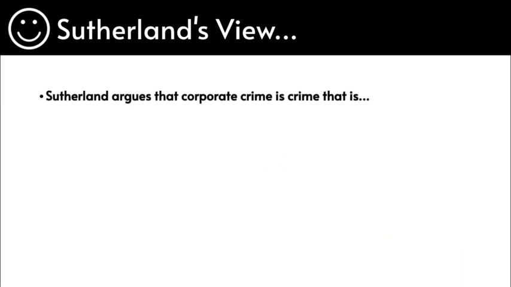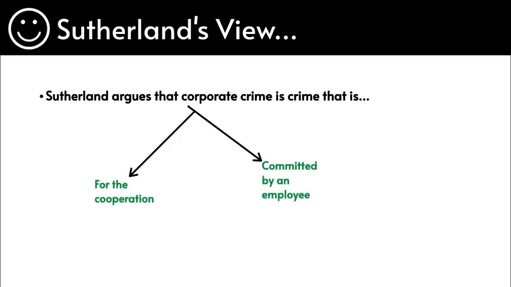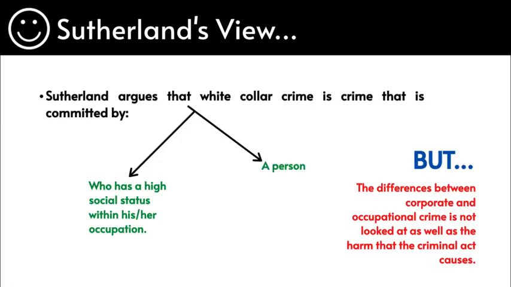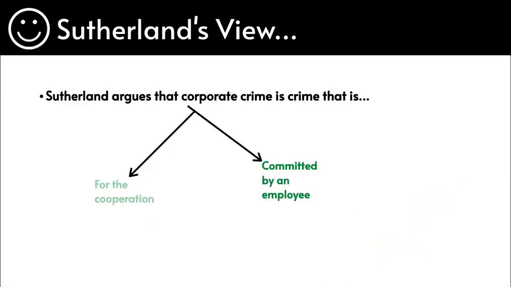Sutherland argues that corporate crime is crime that is committed by an employee for the corporation, whilst the other type of crime which we looked at before, which was white collar crime, was committed by a person of high social status and was not committed for the corporation, it was for personal gain, so that they could gain money through the corporation by committing crime within that corporation.